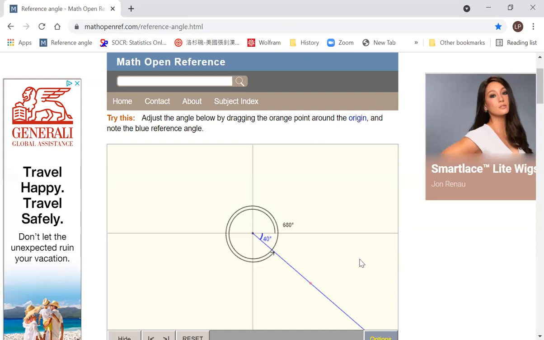You guys are giving me a bunch of positive angles. Could you give me some negative angles? 320. Right, that's 360 minus 40. Yes, absolutely. All right, so we're going to stop this exercise.